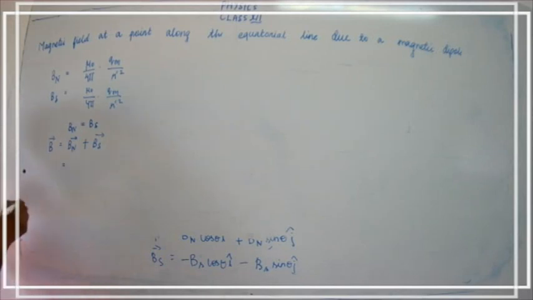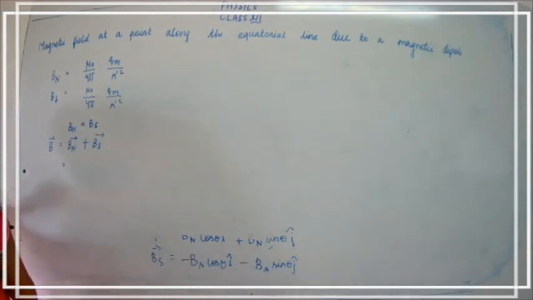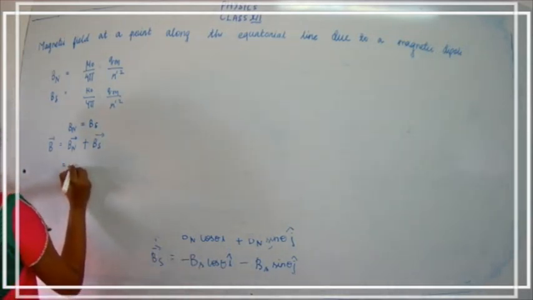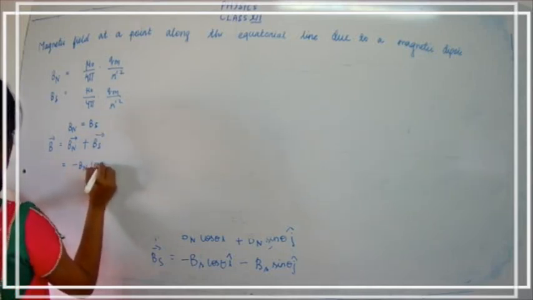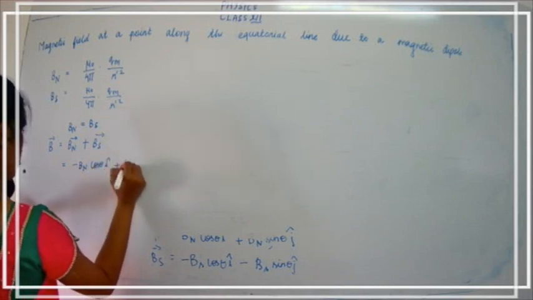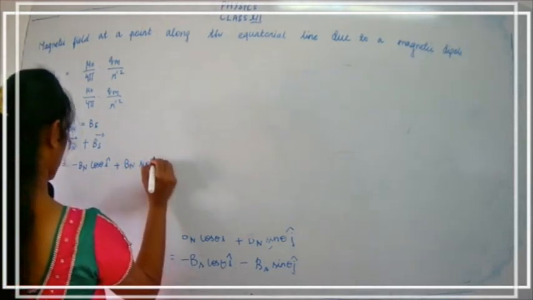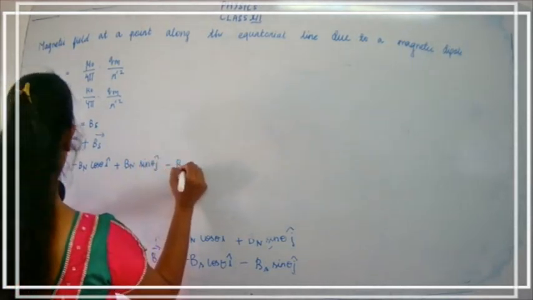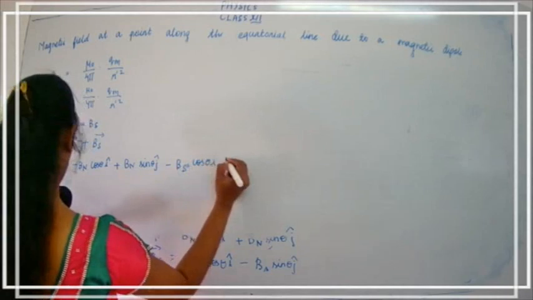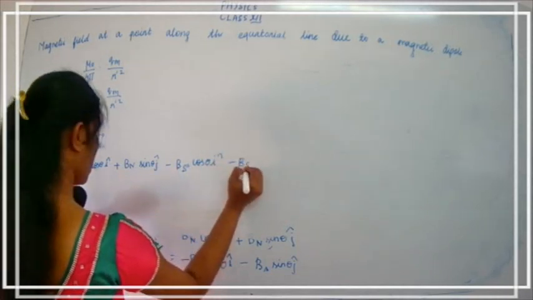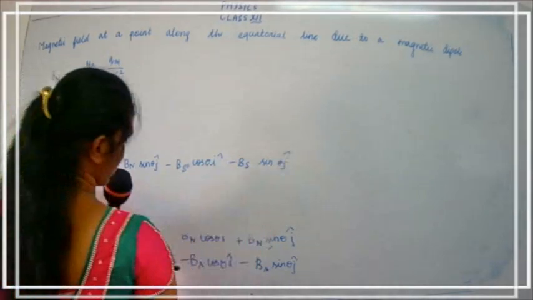So what is Bn? Write Bn and Bs. Bn equal to minus Bn cos theta I plus Bn sin theta j, and Bs equal to minus Bs cos theta I minus Bs sin theta j cap.